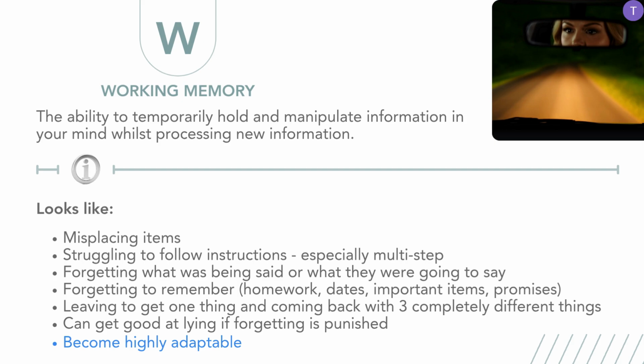These kids are highly adaptable, because they have arrived at school without their iPad or without their PE kit on so many occasions that they have a list of excuses, of things that they can do. When they get into a situation where they're unprepared, they are frequently able to think on their feet because they have had a great amount of practice at it.